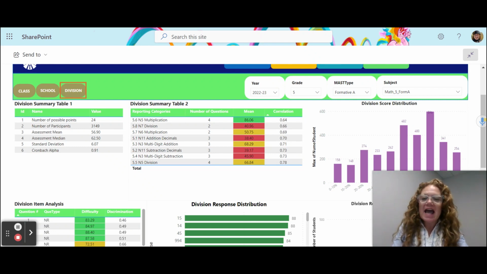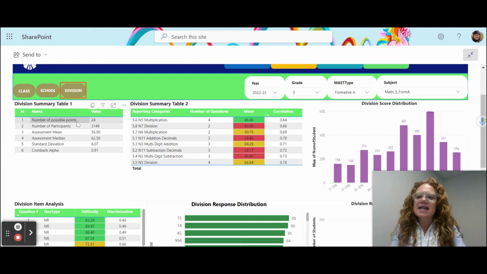Now, when we look at the different charts, they give us different information. So the first table, this one right here, Division Summary Table 1, gives us, first and foremost, the quantity of available points. So really what the assessment was out of. All right, so in this case, it was out of 24. It shows how many participants actually wrote this particular assessment.